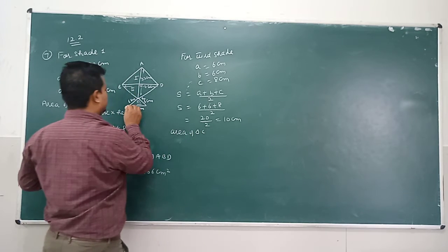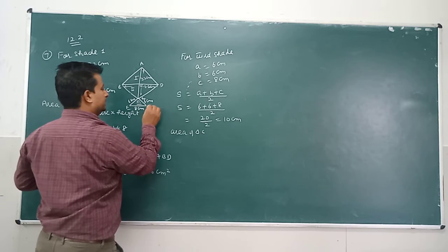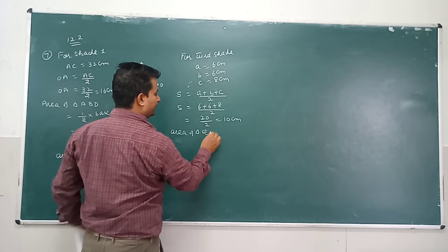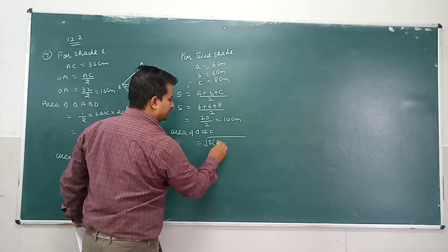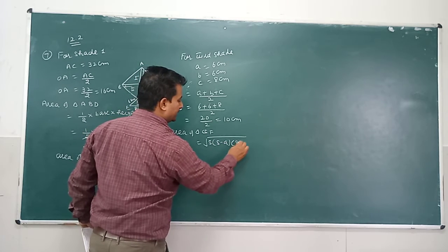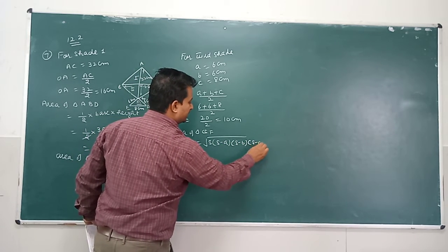Area of triangle is under root S into S minus a into S minus b into S minus c.